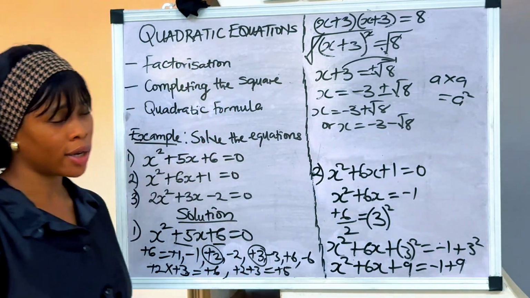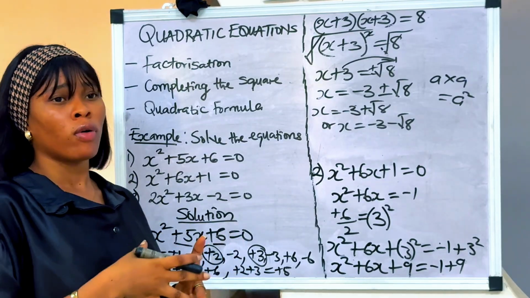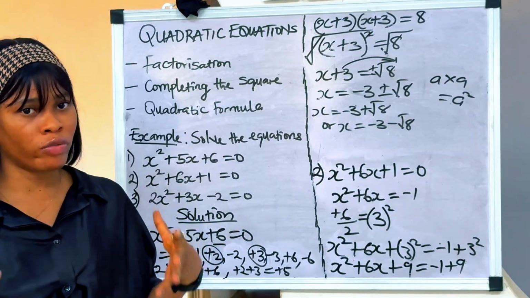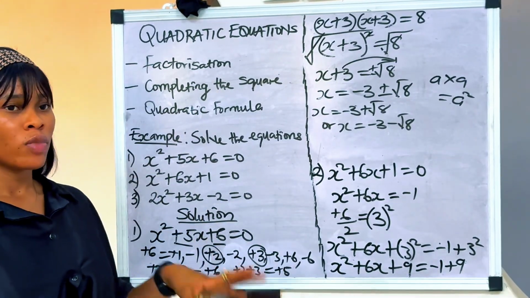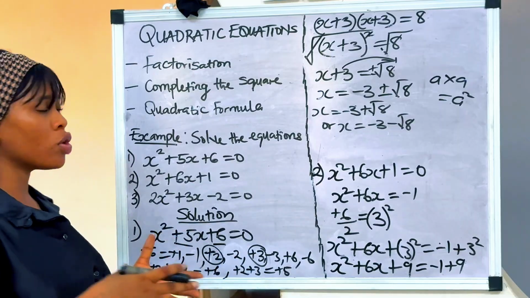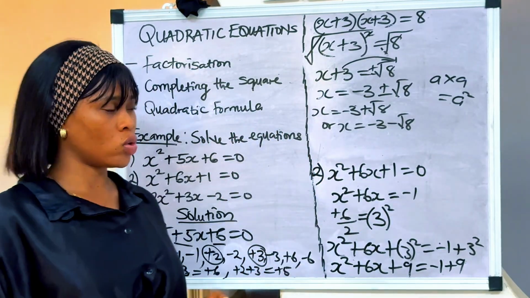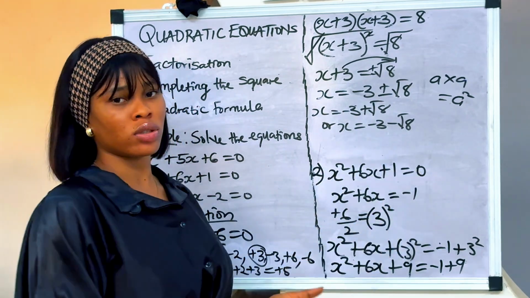Now a quick reminder, we use the completing the square method for quadratic equations that can't be resolved using factorization. In a case whereby a particular equation cannot be factorized, we can use the completing the square method. You can see that we are having an irrational root.